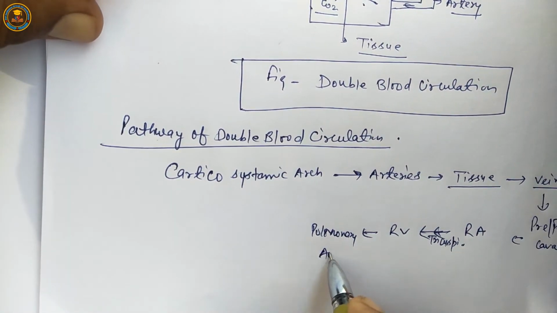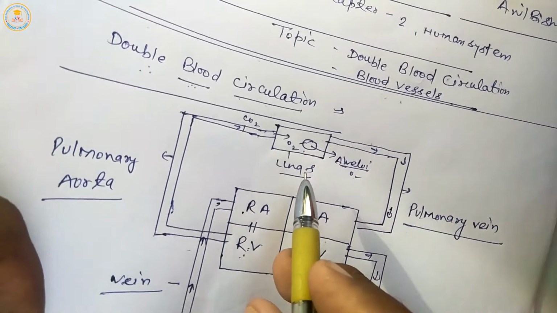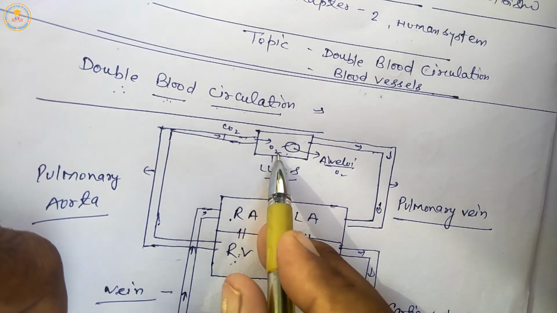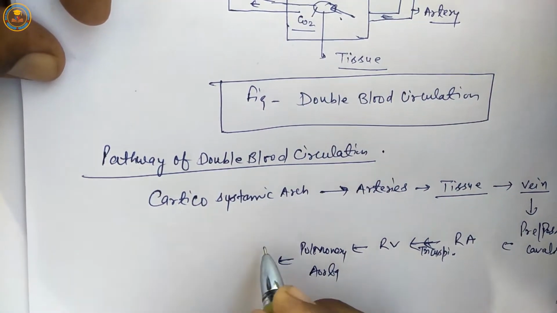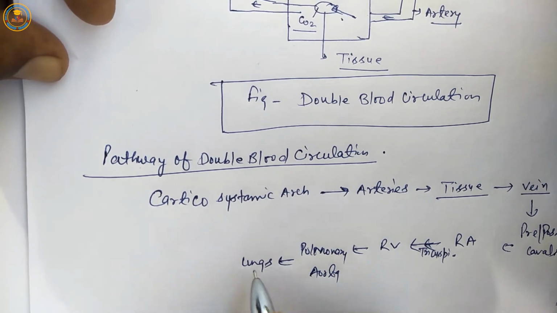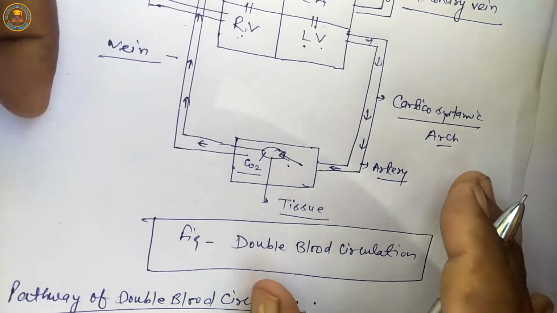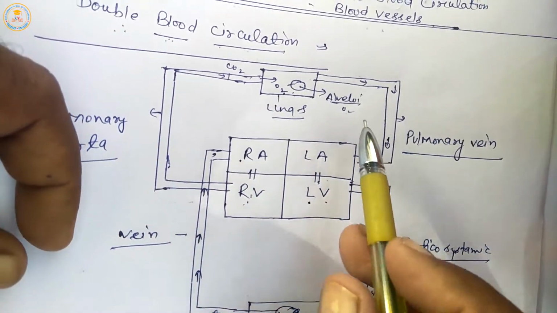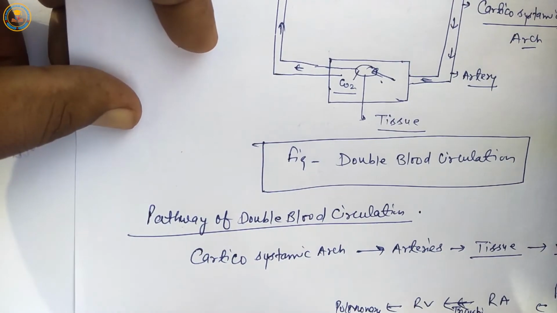Pulmonary artery carries impure blood to the lungs. Next are the lungs, where the blood is purified, meaning oxygenated, and carried by the pulmonary vein.